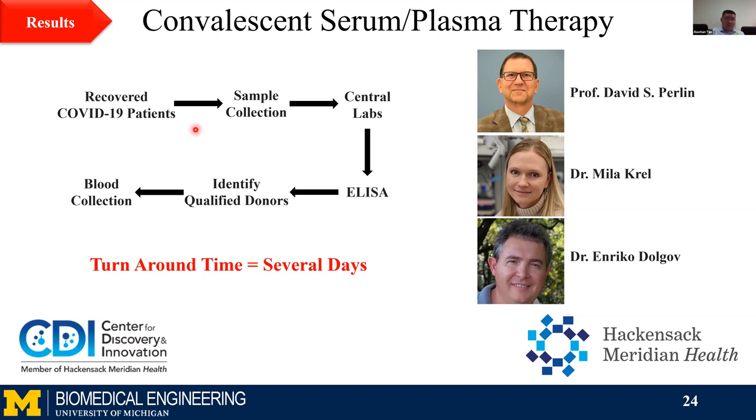They collect some blood samples, and they send them to a central lab and perform ELISA analysis. From the ELISA analysis, they identify the qualified donors for the study, and then they collect the blood from the qualified donors. As you can see here, this results in a very long turnaround time, probably 2 to 3 days at least. So we wondered if our technology can help with this.